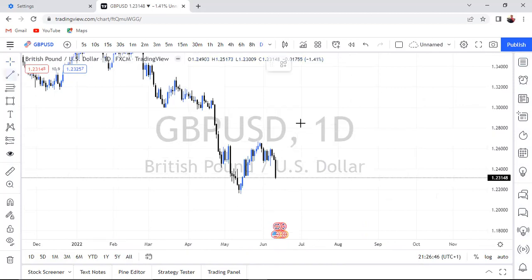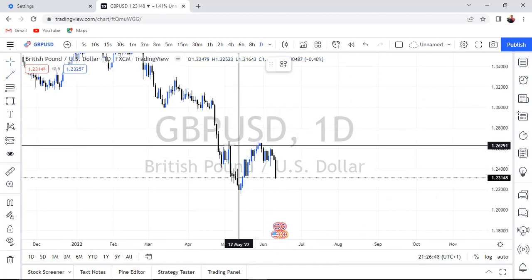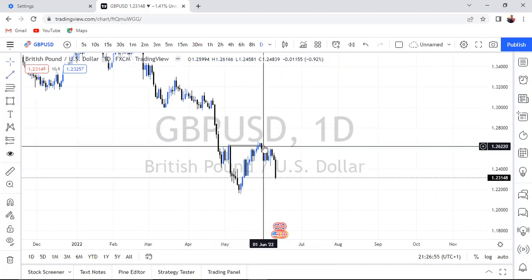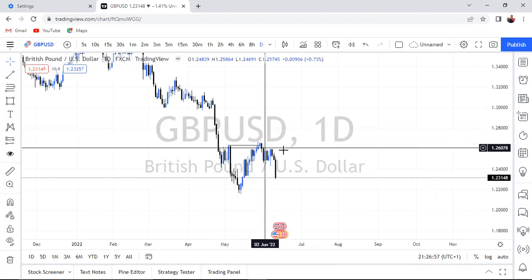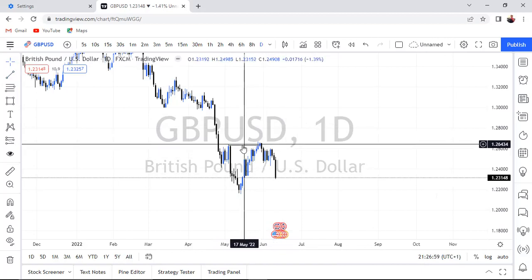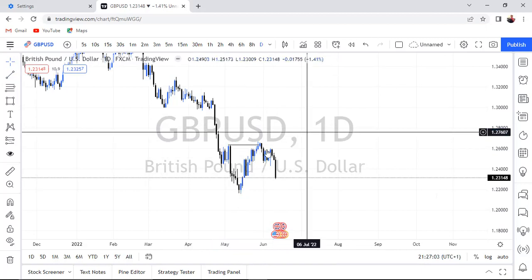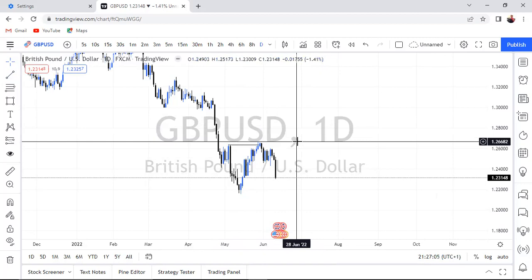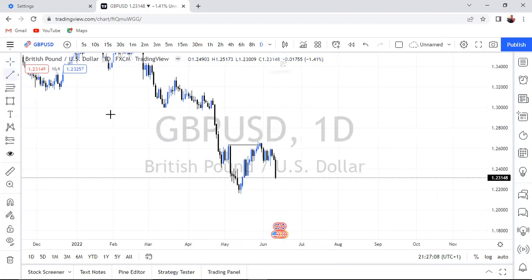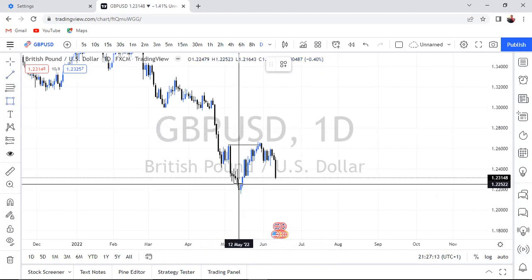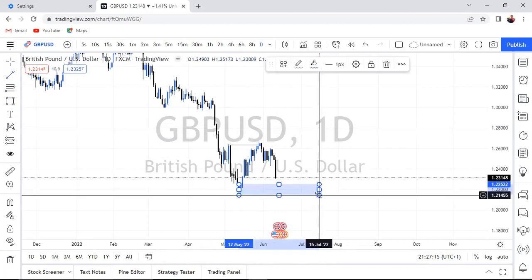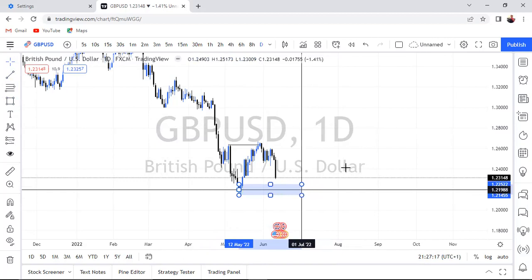Why I'm having a bullish bias on GU as well is this. There is a candle close above that high. Are you getting it? We have a candle close above this high. So it's a valid change of character. The candle closed above that high. So for now, we'll be looking at these points for entry. We're looking at this order block for entry.